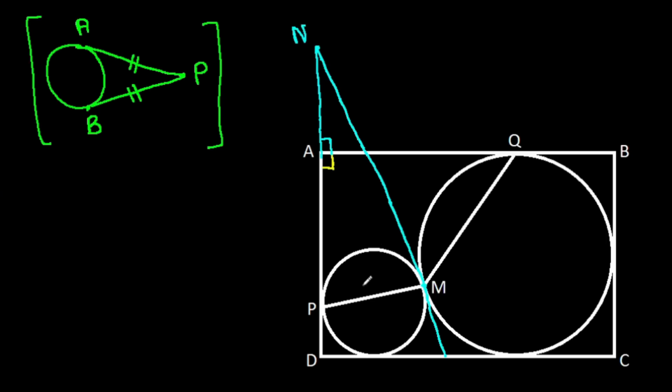So on the smaller circle from point N, NP is a tangent and NM is a tangent.